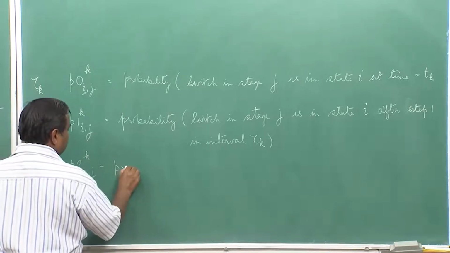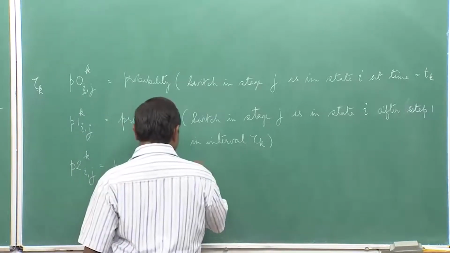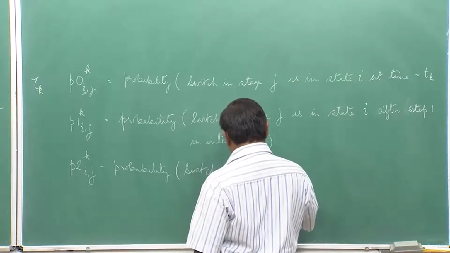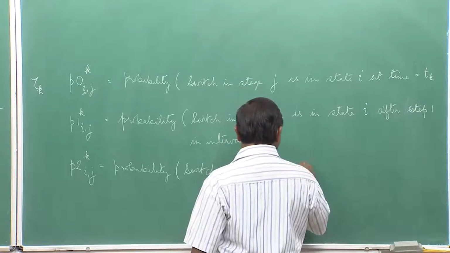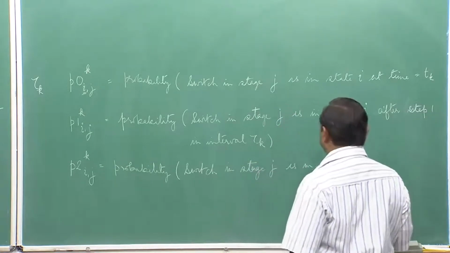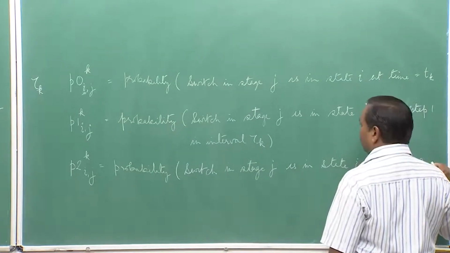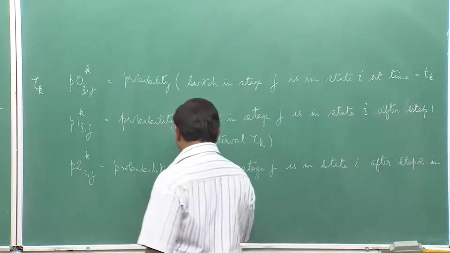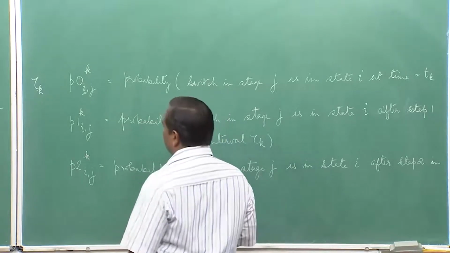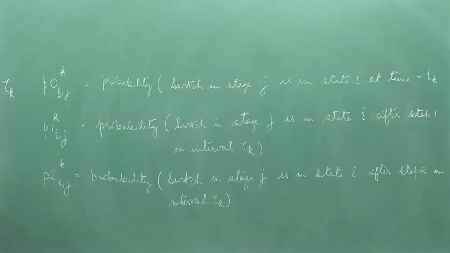So, I can write this as the probability of a switch in stage j being in state I after step 2 in interval tau k. So, we can define further P3. So, let me write down the P3 on this side.